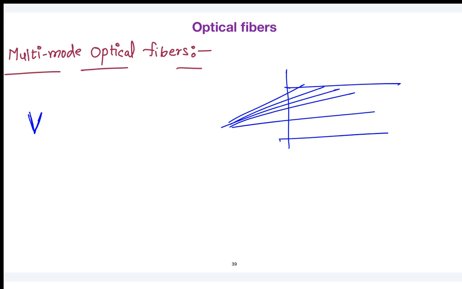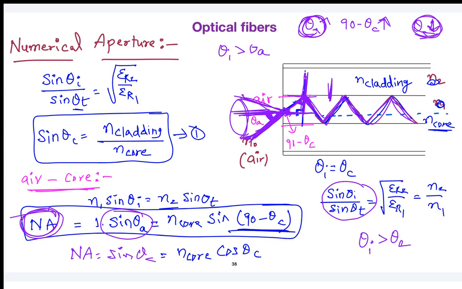First thing, you can launch more modes or more waves into the optical fiber provided your numerical aperture is much higher. Will you agree with me? Suppose I had a more acceptance angle, a wider range, I can launch more waves. Agree? But it depends on the bandwidth, right?